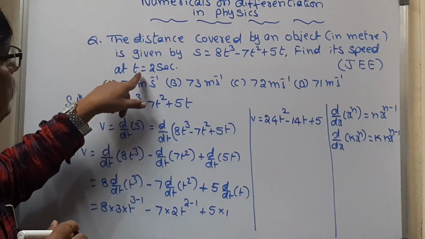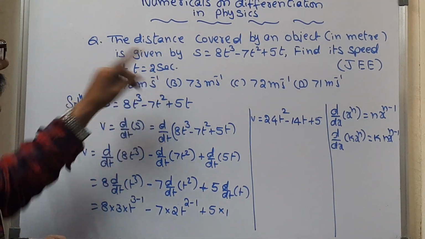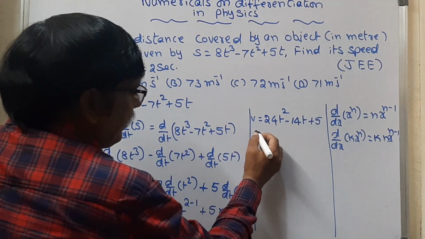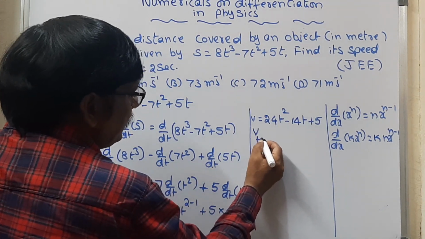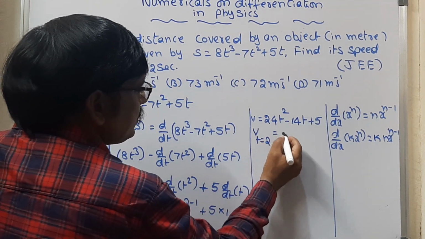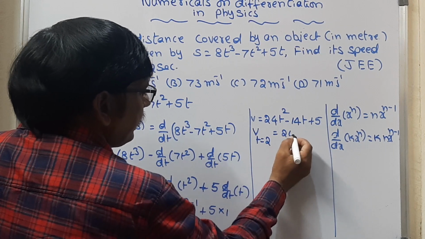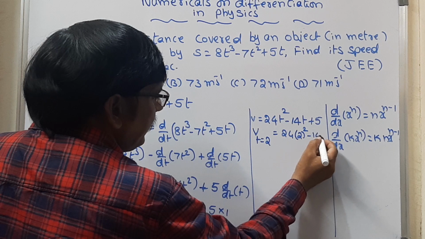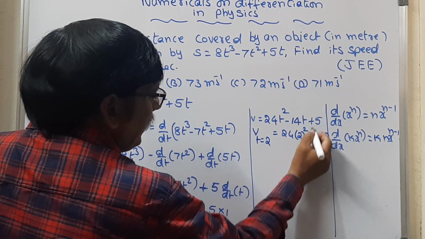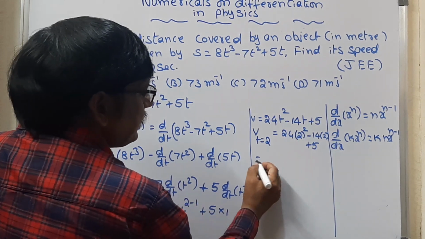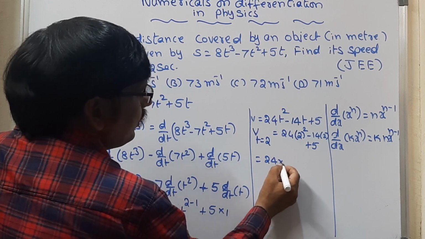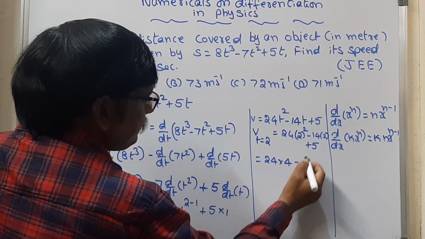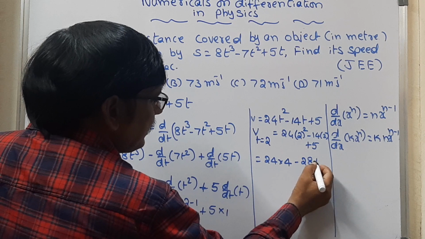But the question was to find out at t equal to 2 seconds. So what we have to do? Apply this at t equal to 2 seconds. That gives you 24 into 2 square, minus 14 into 2, plus 5. That is equal to 24 into 4, minus 28, plus 5.